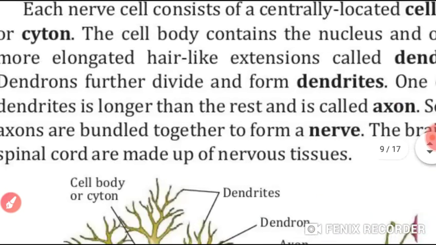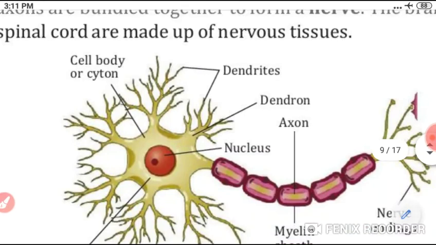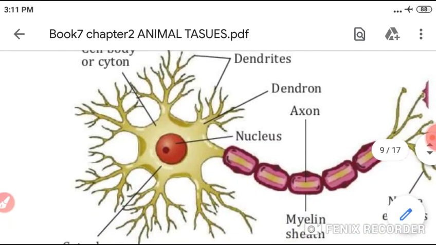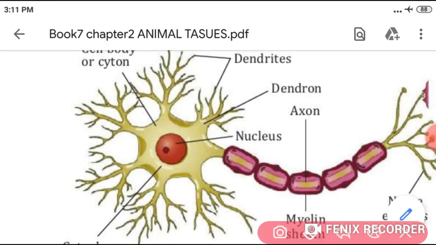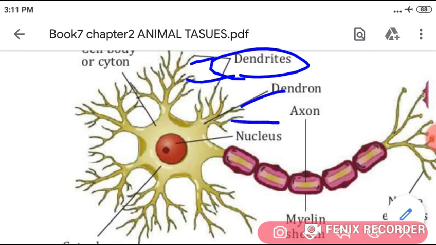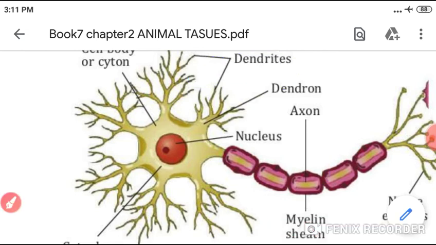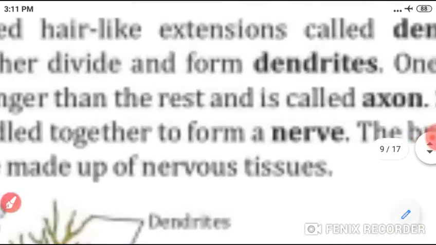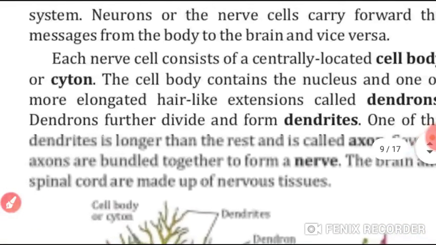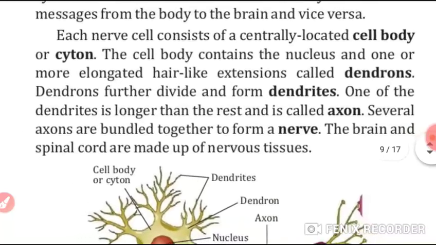And these dendrons, students, are further divided into some little branches. Those branches are known as what? Dendrites. Okay, now have a look here. What happens, students?